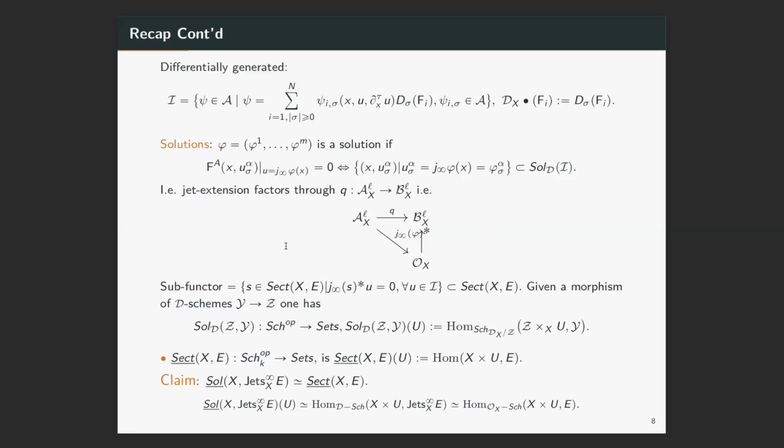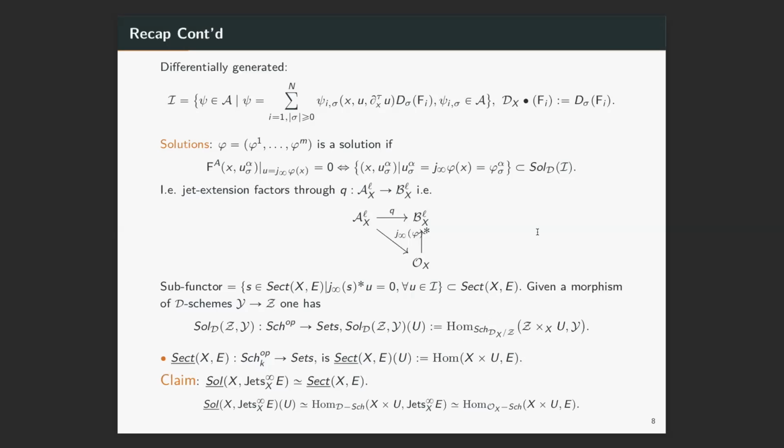Okay, so if you have a morphism of D schemes, you can define a functor of points mapping space between the two. Essentially, it's just taking U-parameterized maps from one to the other. Maybe it would have been better here to write sections because we're doing it the opposite way. So this is taking U-parameterized sections that are additionally flat morphisms, or horizontal, people call them, which means they are morphisms of D schemes.